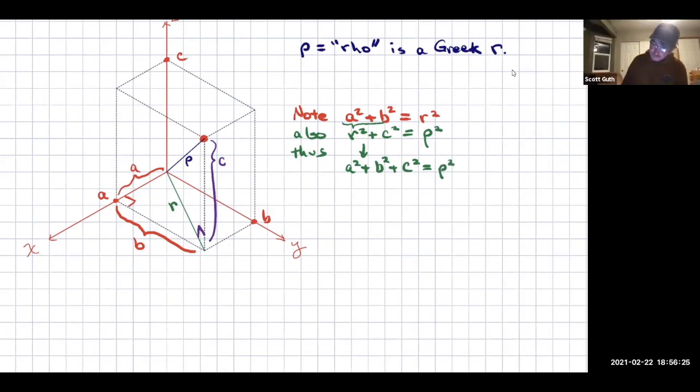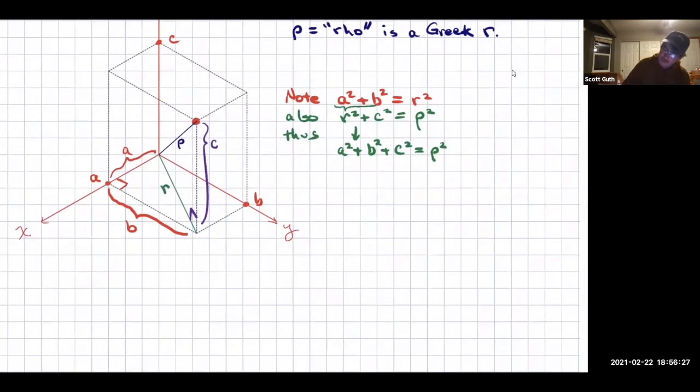Okay. So this is our three-dimensional Pythagorean theorem. That allows us to do distances in space.